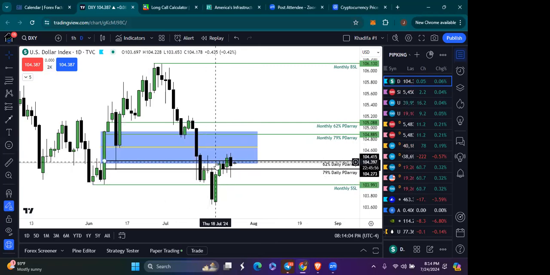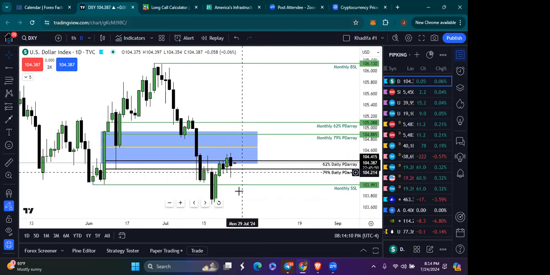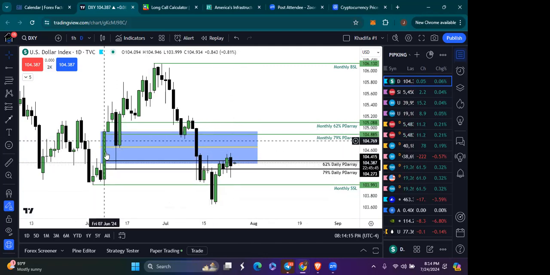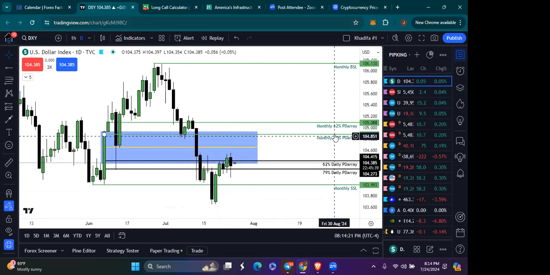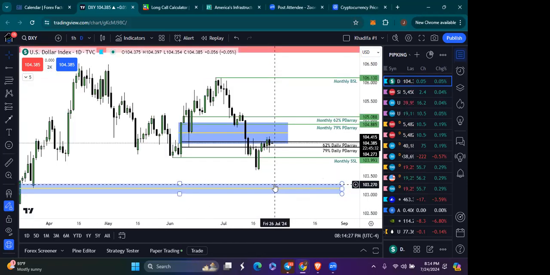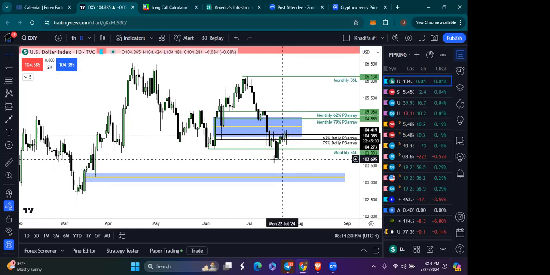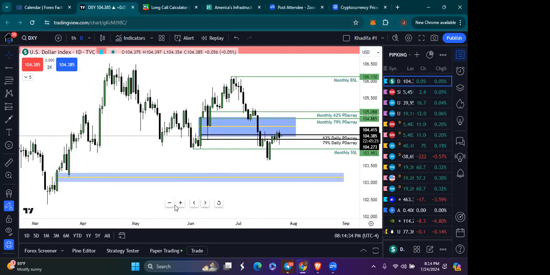Those confirmations are what I just said: us breaking aggressively below the monthly sell side liquidity and closing below it, or us breaking aggressively above consequent encroachment of this daily fair value gap and closing above it. That will determine whether we're going back up here to these monthly PD array levels or whether we're coming down to run this swing low down inside this daily fair value gap.